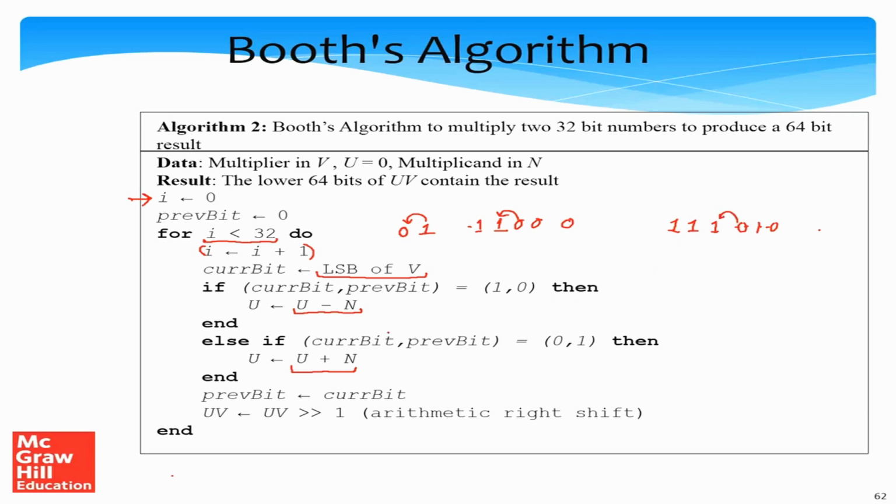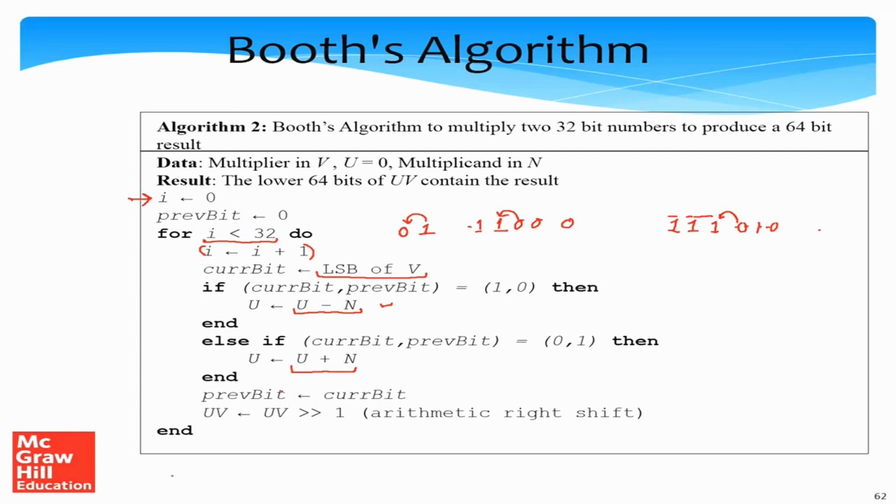So we subtract the multiplicand, which is this line over here. And then we just keep going on and on and on. Finally, we reach the last bit, and the run of ones is continuing. So we don't get a chance to actually perform this addition, and then we finish.